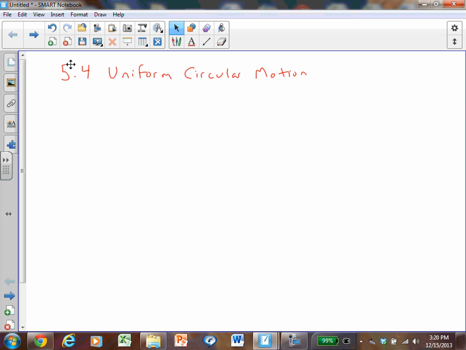So it seems pretty simple, and it's not too bad, but the one thing that's always going on for objects traveling at a constant speed around a circle is that they're constantly changing direction. And if you're constantly changing direction, then you're constantly accelerating.